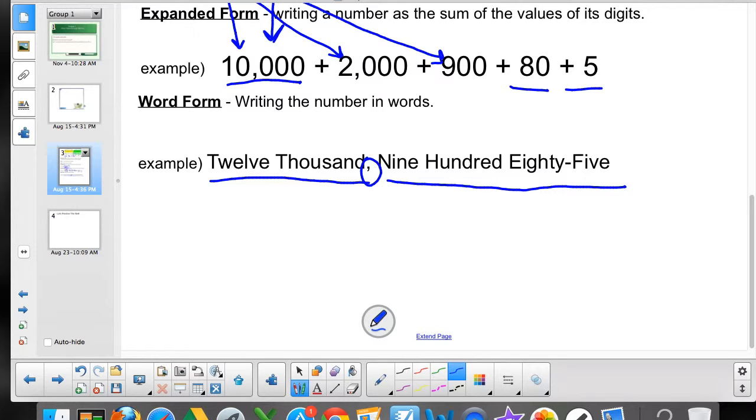Notice the comma has to be written into the word form. Also pay attention to the hyphen in between the 80 and the 5. Whenever we have a number that ends in a Y, we need to separate it with a hyphen for the next word. So let's try some examples together.